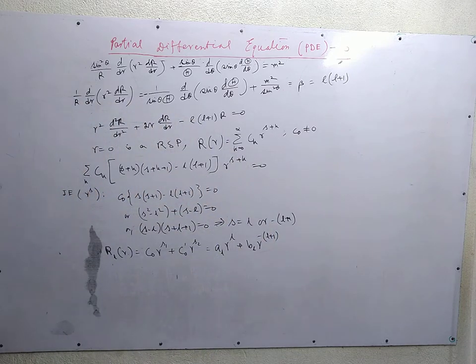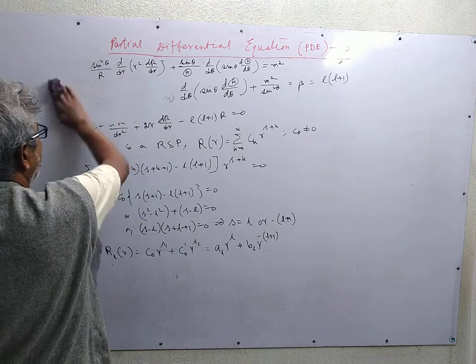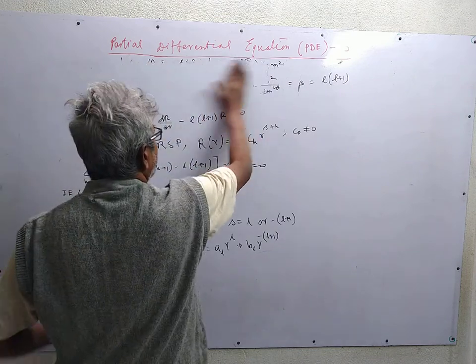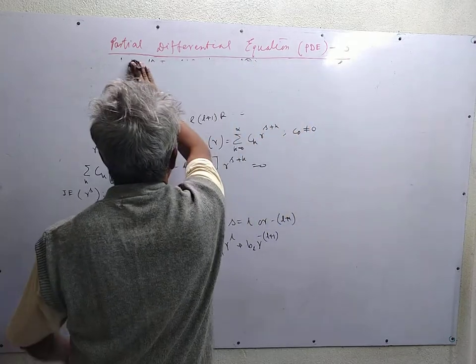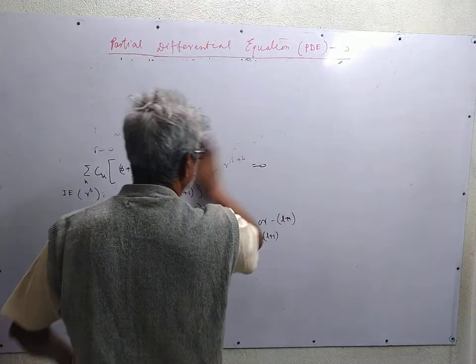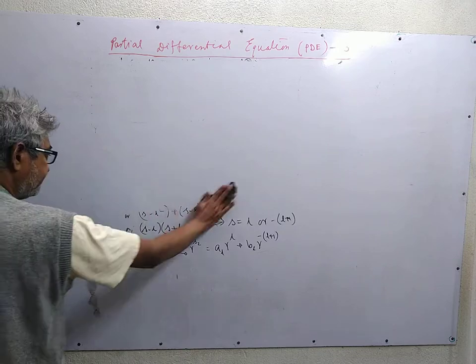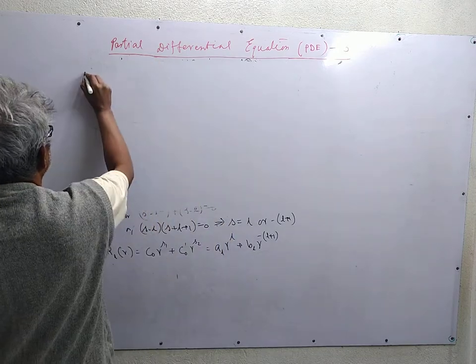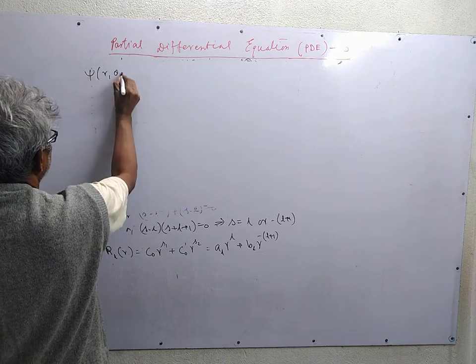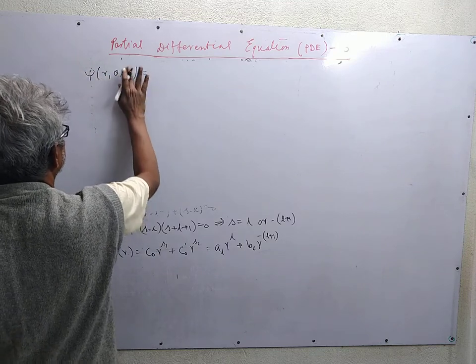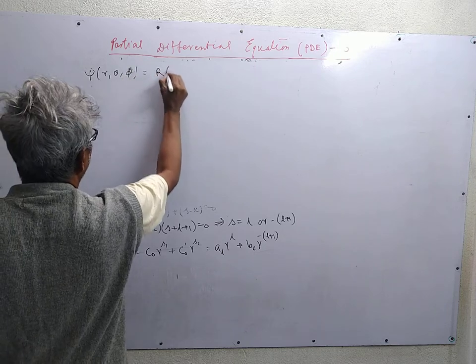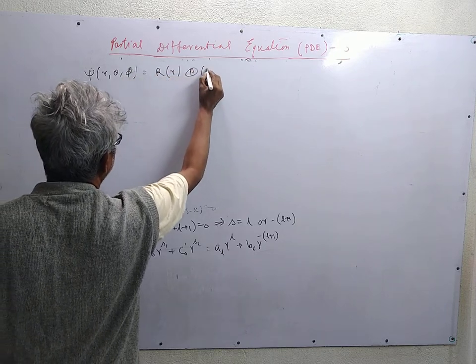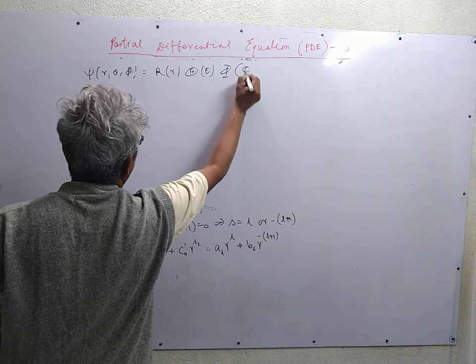So we have obtained three different solutions: the phi equation, theta equation, and R equation. Let me write once again the solution. In solving Laplace's equation in spherical polar coordinates, we use the separation of variables technique to set the solution as R of r, theta of theta, phi of phi.